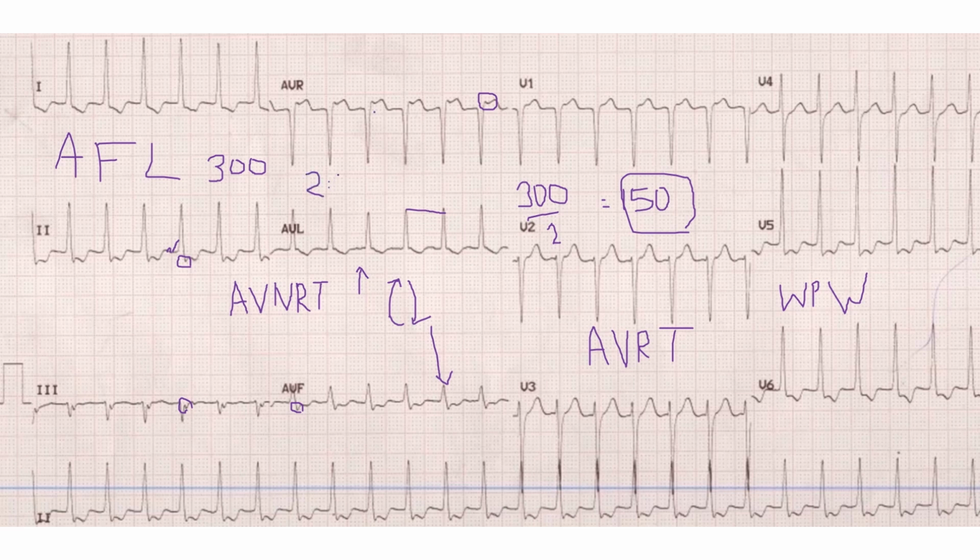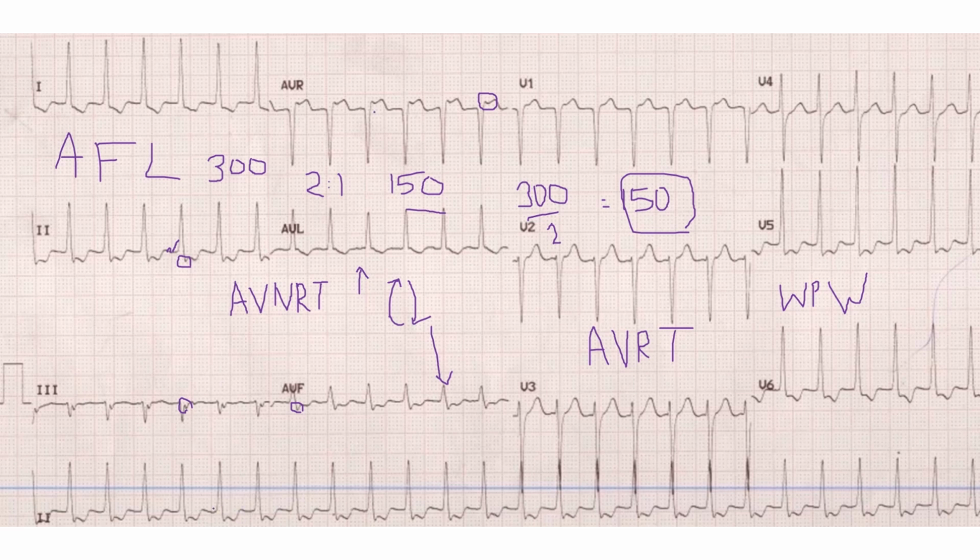So you will get 2:1 AV conduction and the ventricular rate will be 150 per minute. So whenever a ventricular rate of 150 is seen, always rule out atrial flutter with 2:1 conduction.